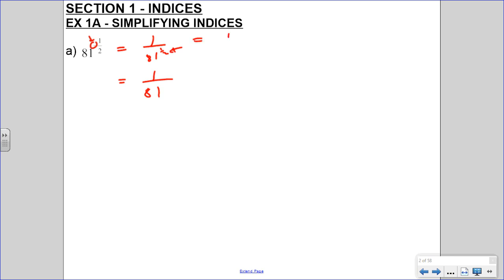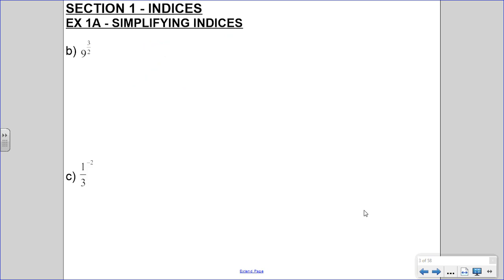So remember that's the same as 1 over 81 to the half all to the power of 1. And that's a useful tip to realize. So that half means square root, all to the power of 1. The square root of 81 is 9, and then you've got your 1 on the outside, so it's just 1 over 9. I've done that slowly with lots of steps just to really illustrate that point.